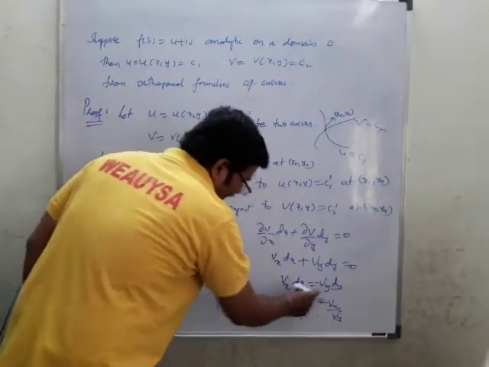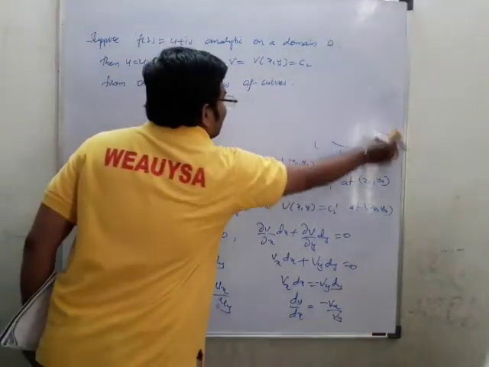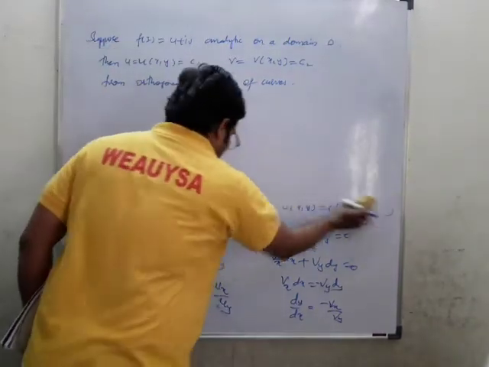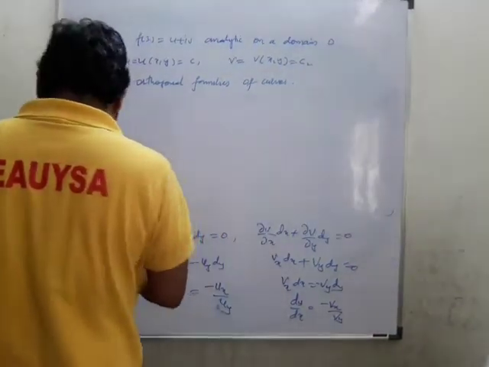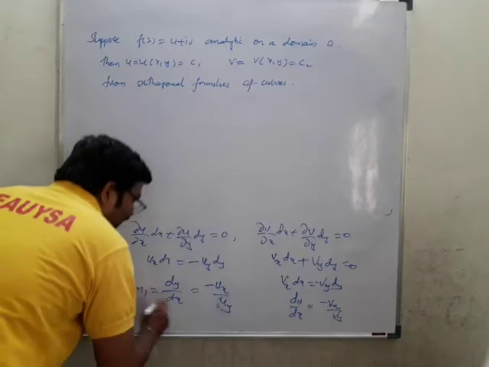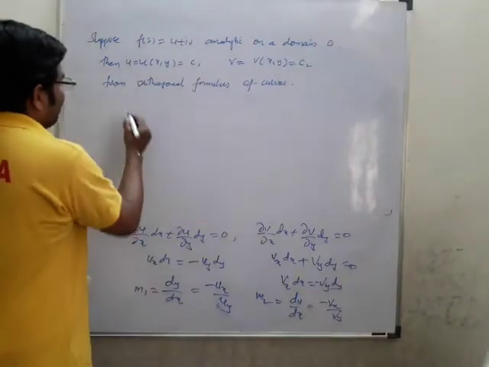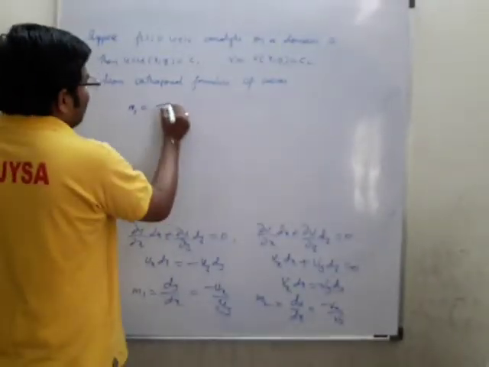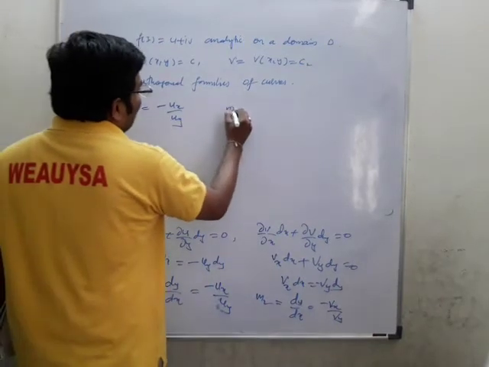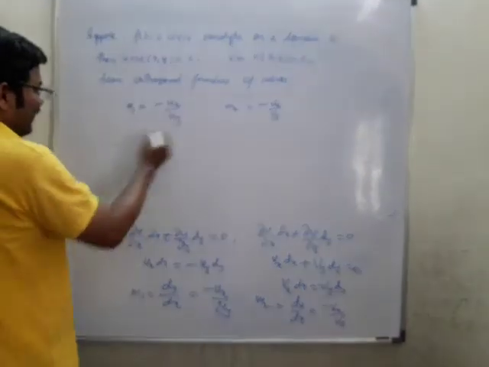Now, m1 is the slope of the first curve u of x comma y, and m2 is the slope of the second curve v of x comma y. Therefore m1 is minus ux by uy, and m2 is minus vx by vy. I'll multiply both of them.